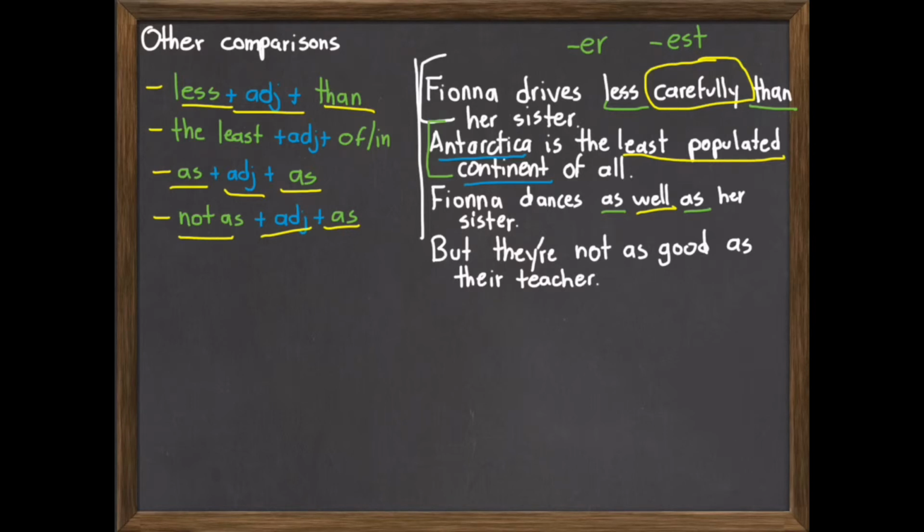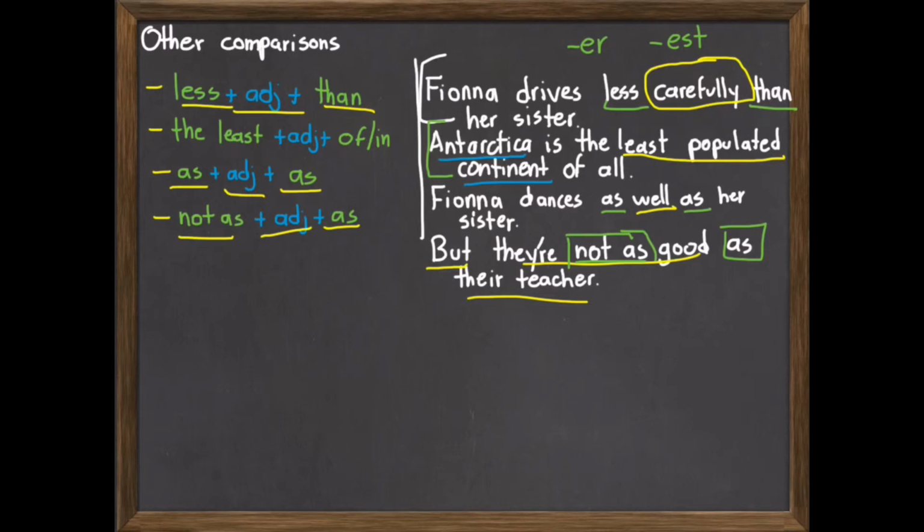And when we're comparing them to something else, but negatively, they're not as good as their teacher, we use this form or this sentence structure. Not as and as. That means that the two things that we're comparing, or in this case the two groups of people that we're comparing, are not similar. I hope you understood this part.